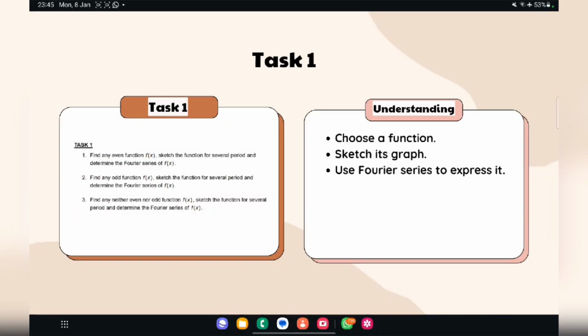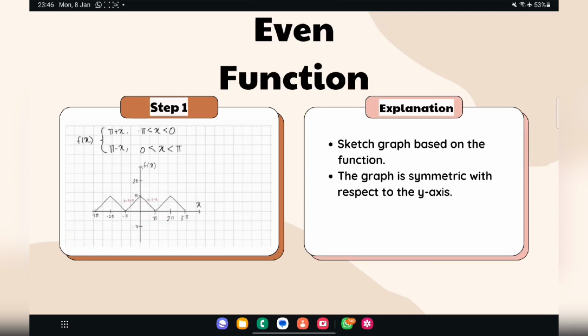So for task 1, I need to sketch the function and determine the Fourier series of f(x) for an even function, an odd function, and a neither even nor odd function. So step 1, I find the function, which is this function I found.